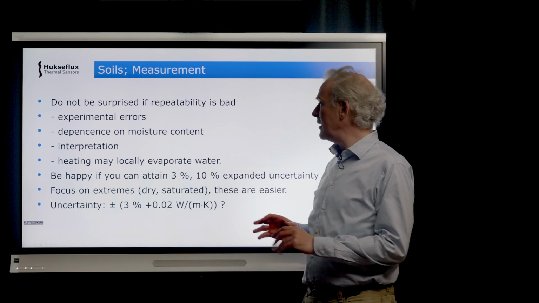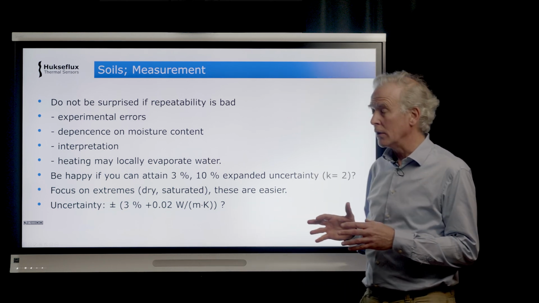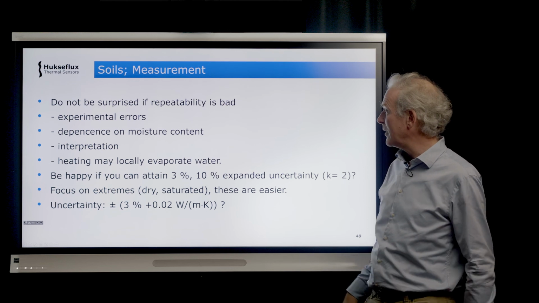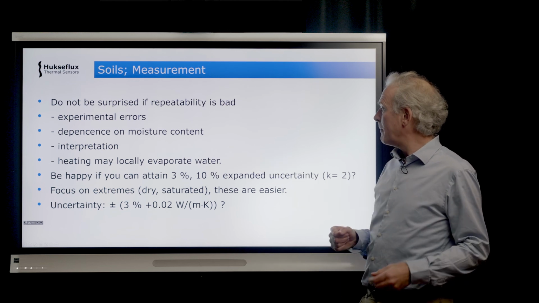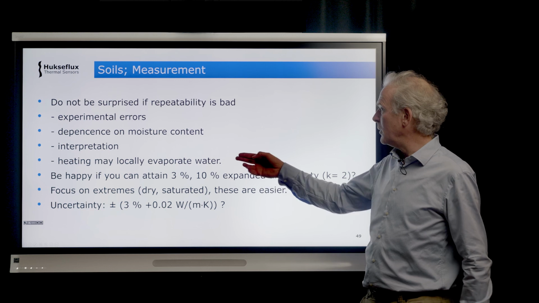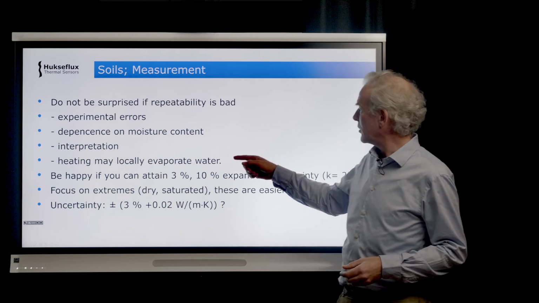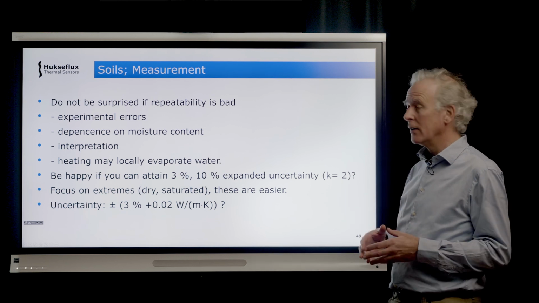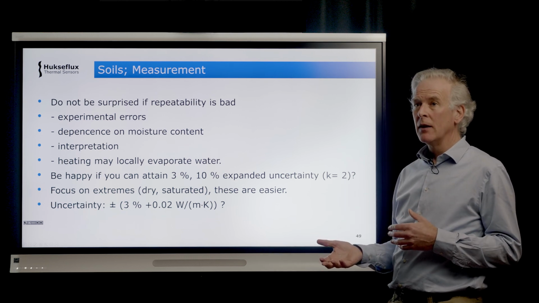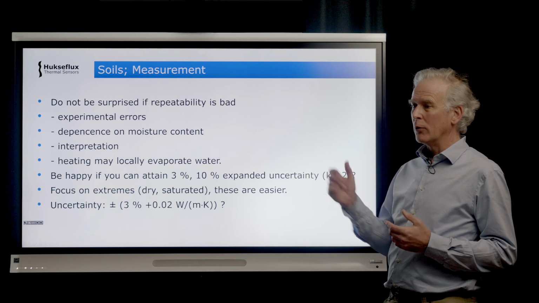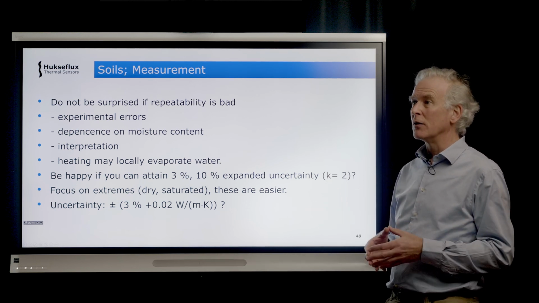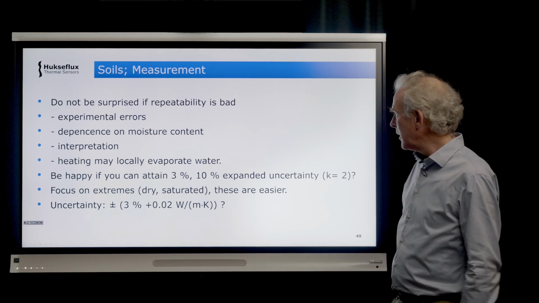And last but not least, if you have a soil that is not entirely dry and also not entirely saturated, then heating too much might mean local evaporation of water. That's an experimental error, of course, but please watch out for that. You can experiment by, for example, working at different heating power levels and look if the result remains the same.